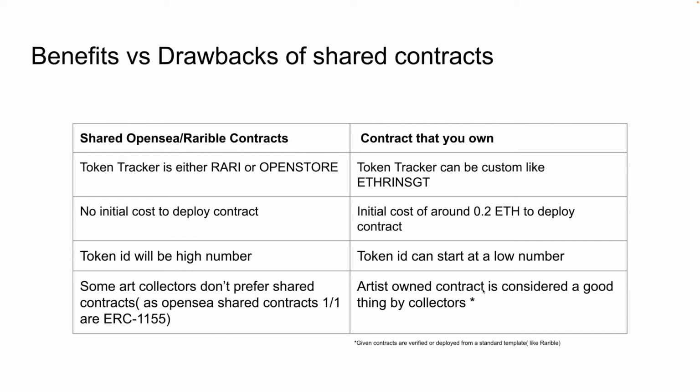So if you, as an artist, have your own smart contract, that is always a plus, given that the contract is verified or deployed by a standard template like Rarible. If you just deploy a contract that has all bugs and loopholes, then yes, that won't be liked by the collectors. But if you deploy a smart contract from a place like Rarible or with companies like Manifold, who work with big artists, like we've seen, then having your own smart contract is a good thing.